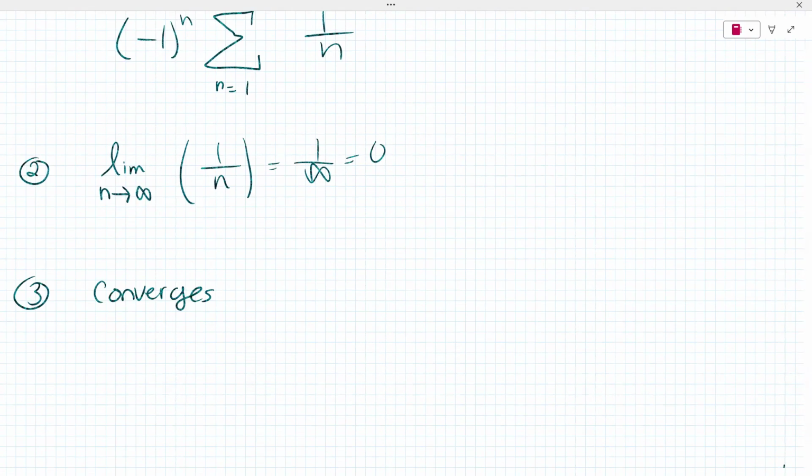So that is for the alternating part. Now remove the alternating part and check for absolute convergence. So now we're going to check the absolute value of our series.